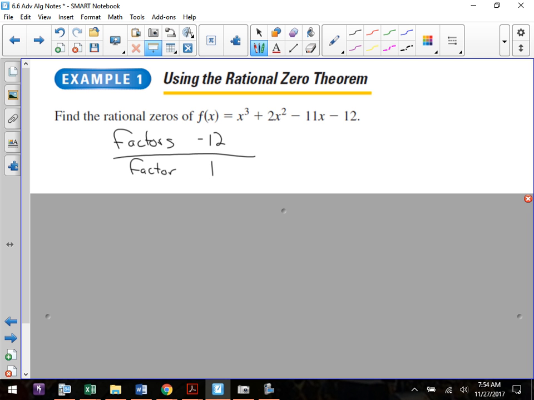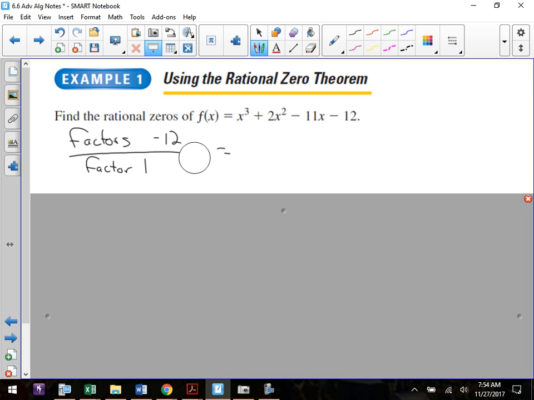And what I mean by factors is what times what's 12. So you list it out. We know it would be plus or minus 1, 2, 3, 4, 6, 12, all divided by plus or minus 1. Everybody okay with that?